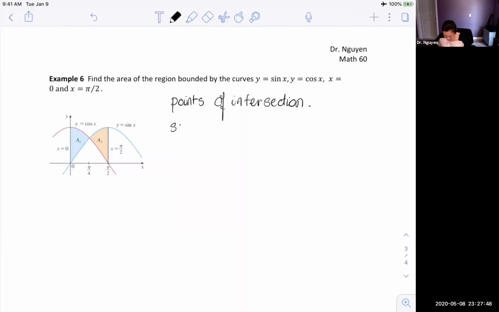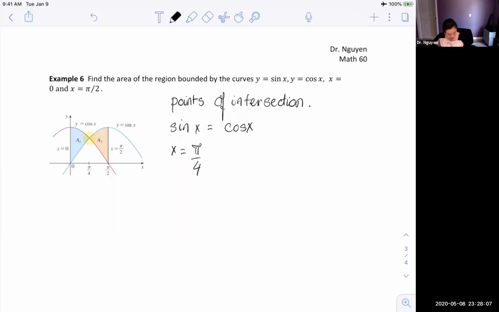That means you have sine of x equal to cosine of x, right? So when that happens, that's when x equals pi over 4. Right here, right?